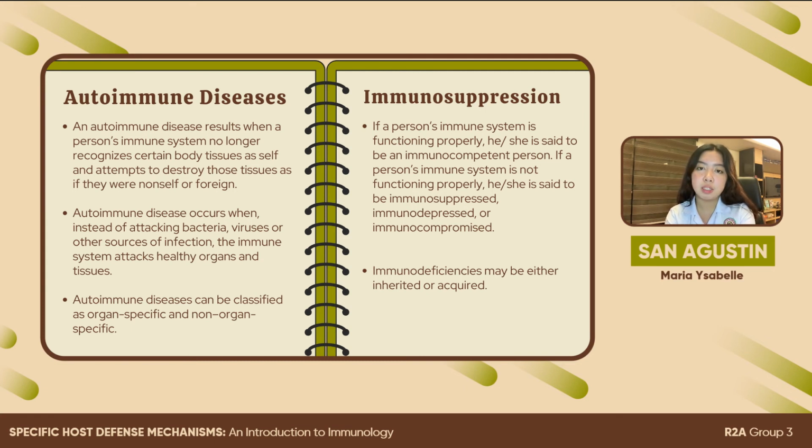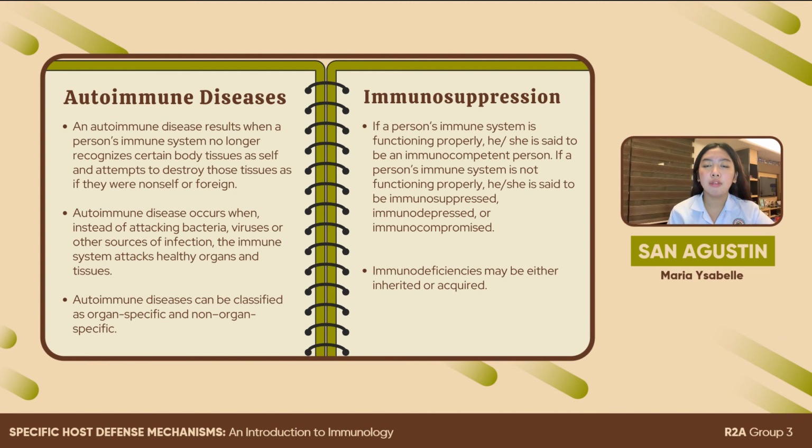Examples of organ-specific autoimmune diseases are Hashimoto thyroiditis, Graves' disease, and primary myxedema, thyrotoxicosis, all three of which affect the thyroid. The non-organ specific autoimmune diseases involve the skin, kidneys, joints, and muscles.